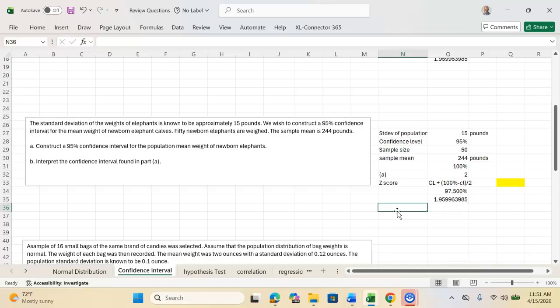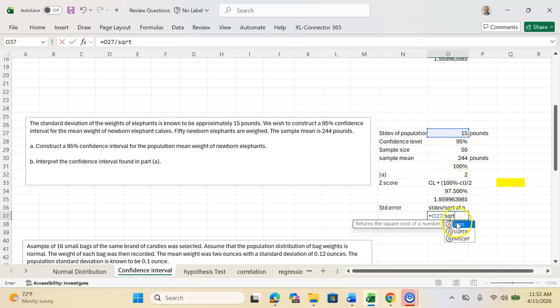And then we need to find the standard error. The standard error will be the standard deviation divided by the square root of n. Standard deviation is given, sample size is given. So put an equal sign, click on the standard deviation of the population, divided by the square root of the sample size, which is 50, close the bracket, and enter.